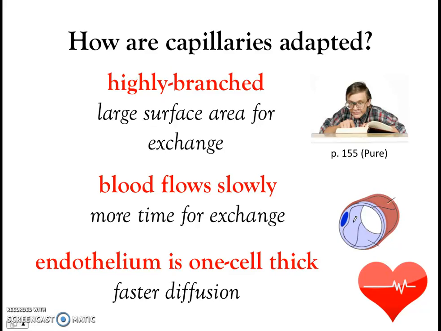Finally, capillaries have an endothelium that is one cell thick, or capillary walls are one cell thick, and that allows for very quick rate of diffusion out of the capillaries and into the capillaries, thus helping the function of capillaries to exchange substances with tissue cells.